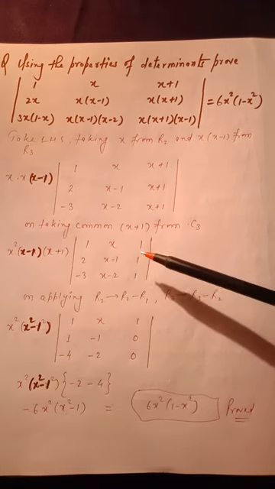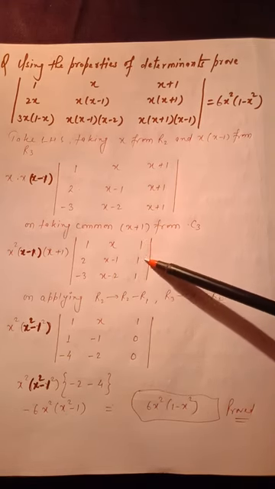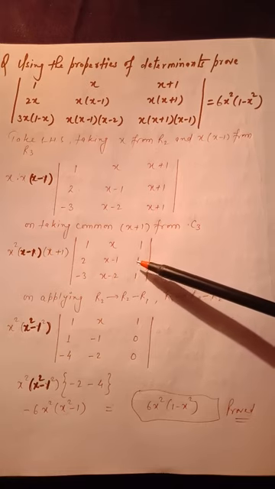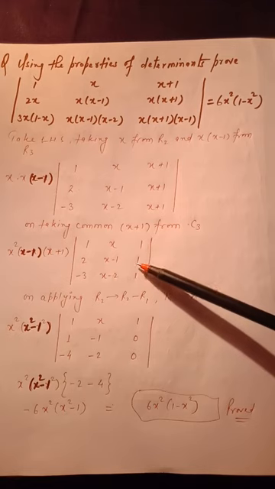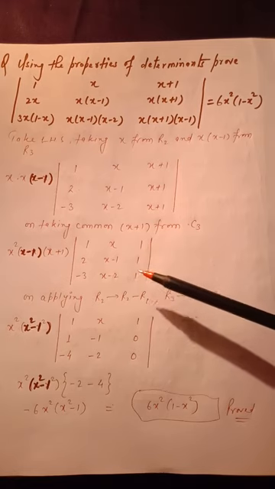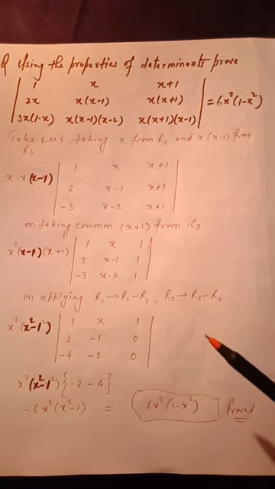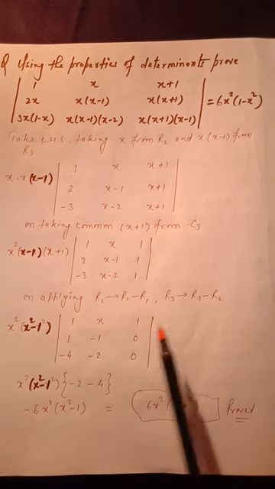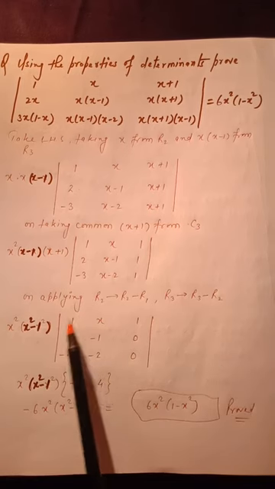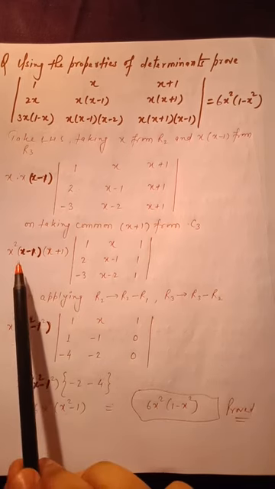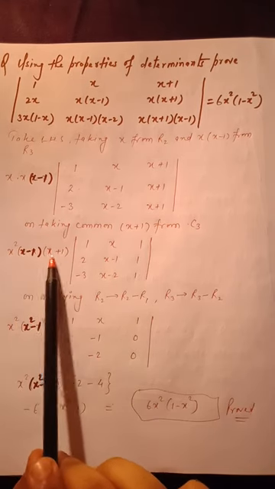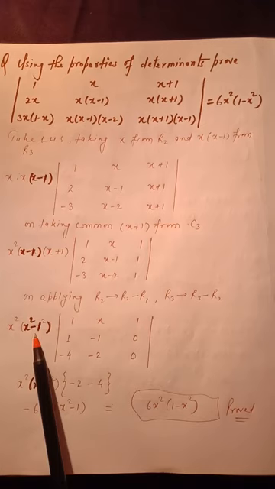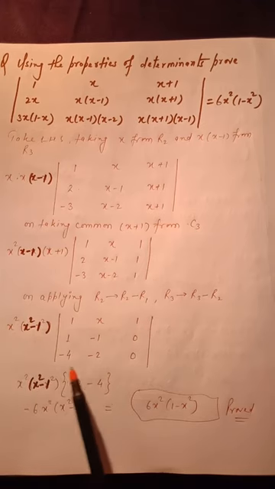Now the next step is to make two elements 0. So how will we make two 0s? Write R2 equals R2 minus R1 and R3 equals R3 minus R2. So apply it. See here, a minus b, a plus b, because (x minus 1) into (x plus 1) is x square minus 1, into x square.